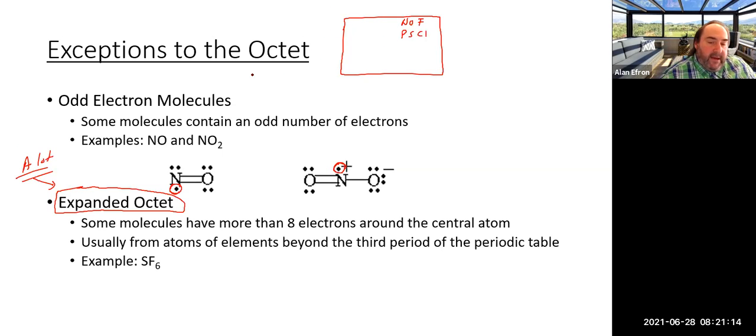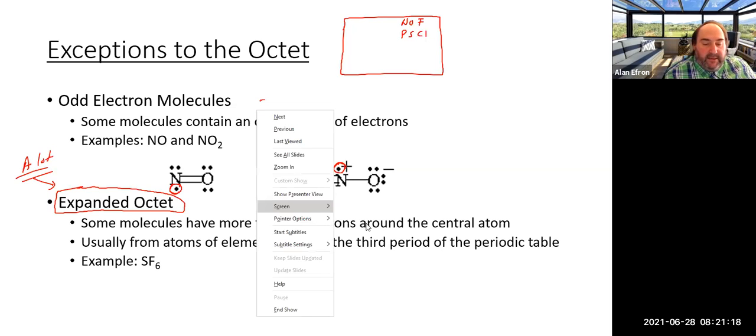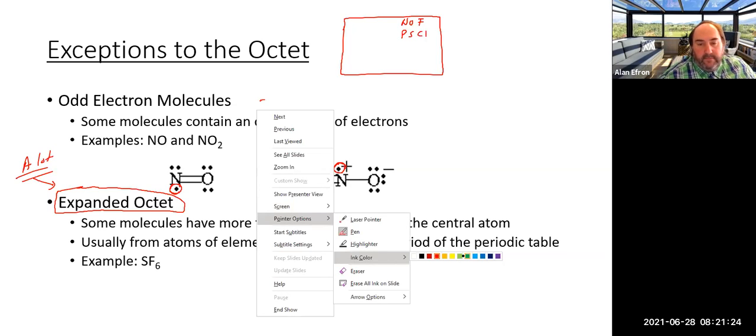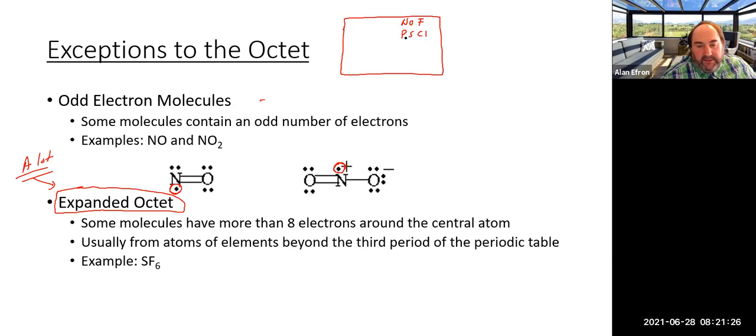And right there at sulfur, basically, where we find sulfur on the periodic table, pretty much sulfur, and if you go left and right a little bit and down, those guys have the ability to do the expanded octet.